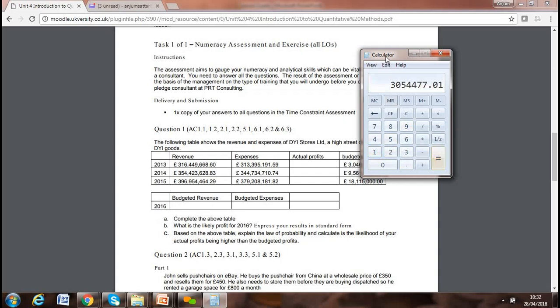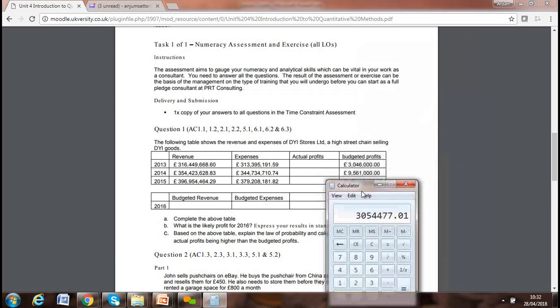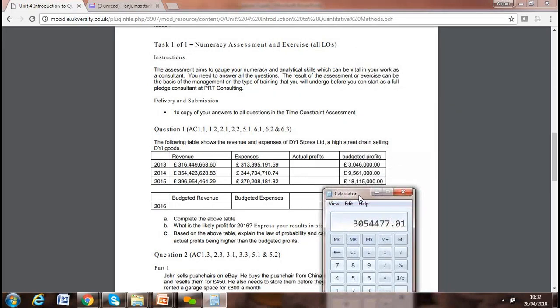Yes. So what do you think? My actual profit is 305. My budgeted profit is 304. Is it better or is it worse? Better. It is better than my budgeted profit.